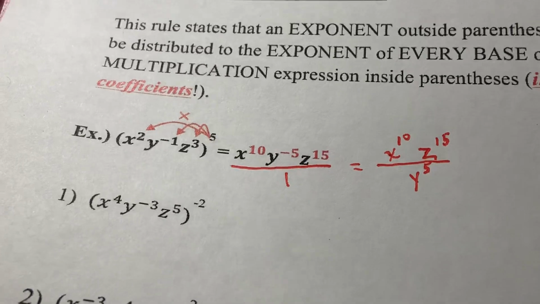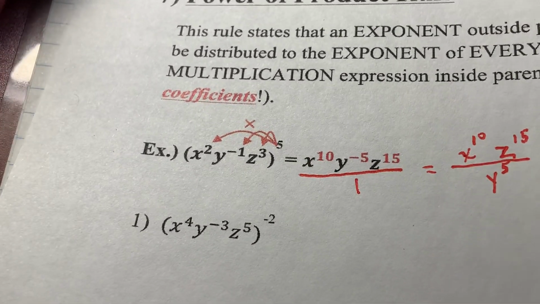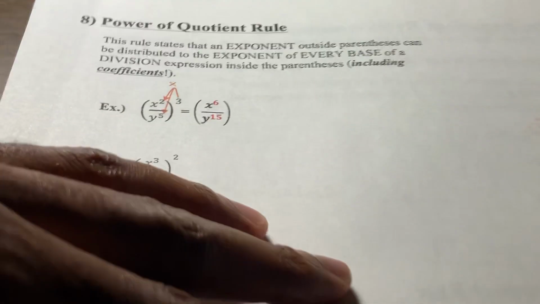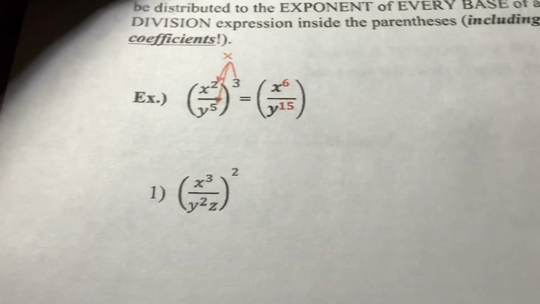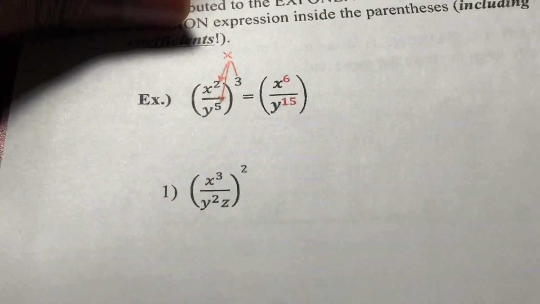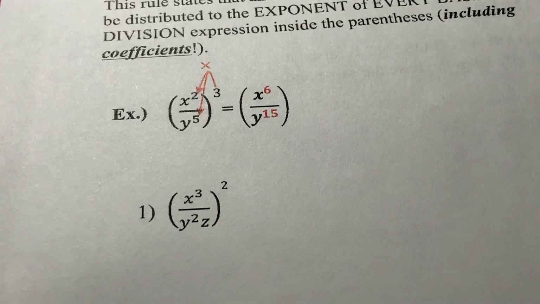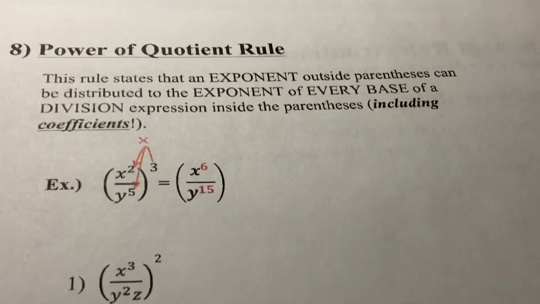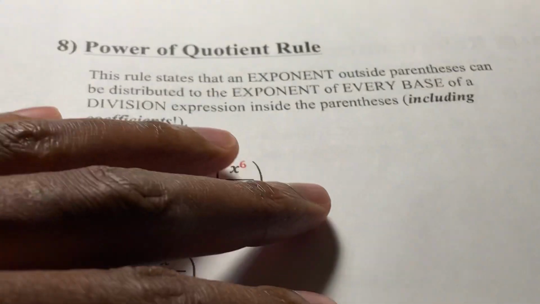And let's look at one more exponent rule, the final exponent rule, the final member of the power rules family. And it's right here. Okay, give me 1 second. It's called the power of quotient rule.